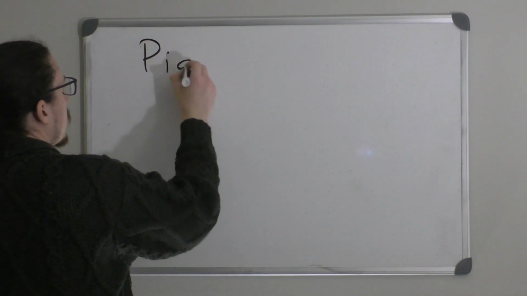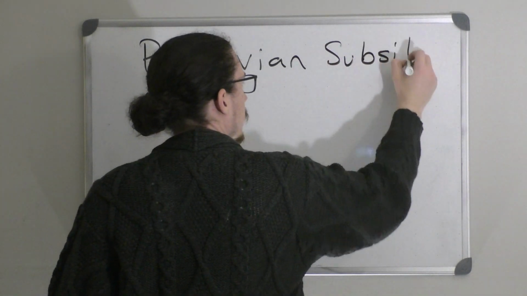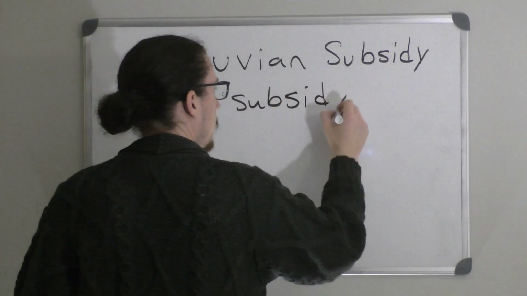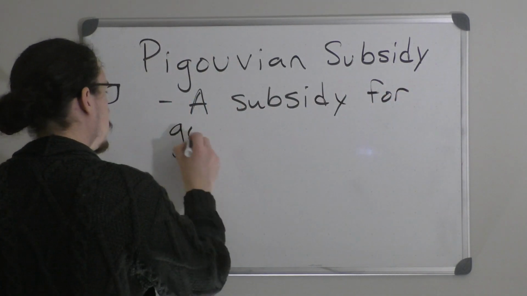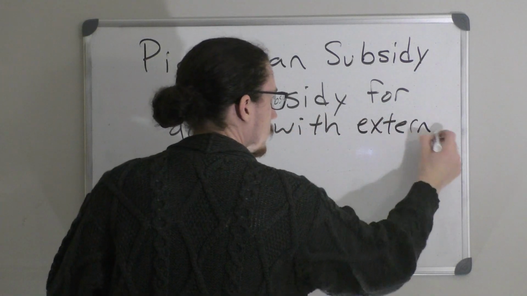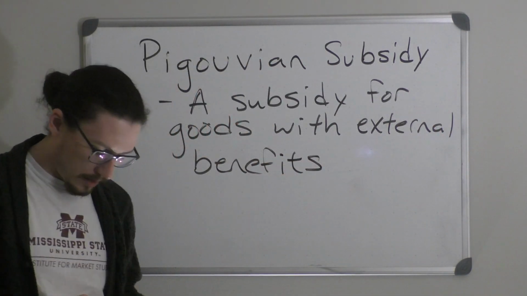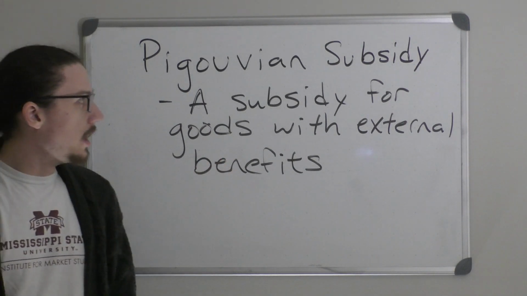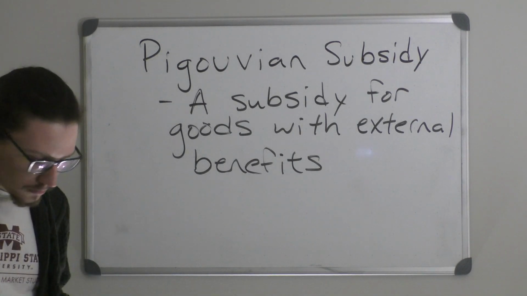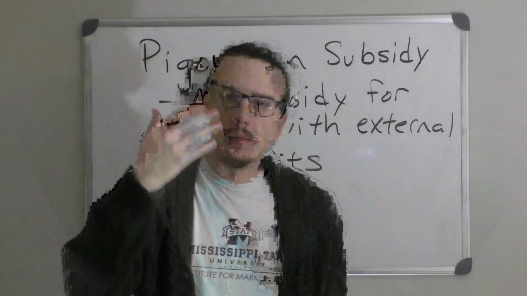Similar to the externalities, one suggestion is probably not surprising, but a Pigouvian subsidy is a subsidy for goods with external benefits.